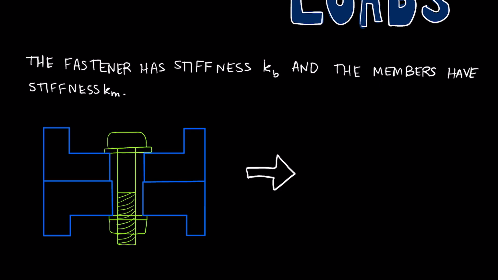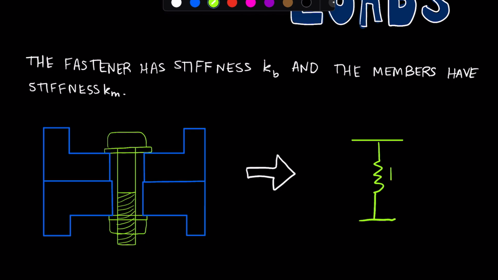So one spring represents the members and one spring represents the fastener. So our fastener spring has a stiffness of KB, and then we have a member spring with a stiffness of KM.